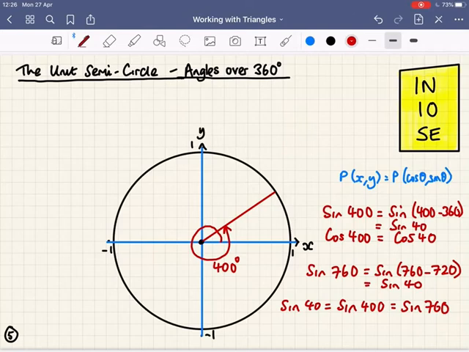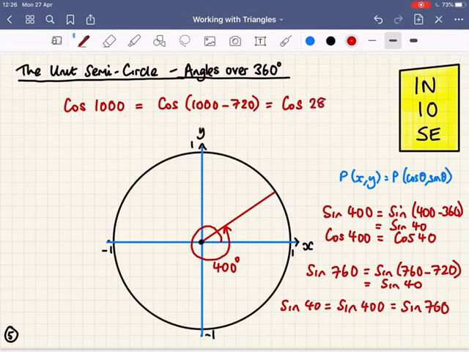Same for cosine. So let's say we had cosine of 1,000. Well, I know that 360 goes into 1,000 twice, 720. So it's going to be the same as cosine 1,000 minus 720, which is equal to cosine of 280.